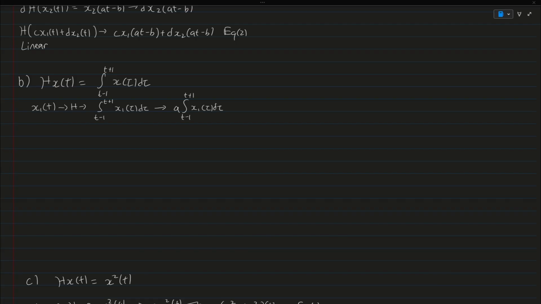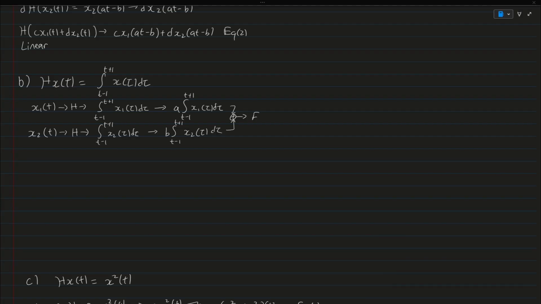Do the same thing for x2, and you get b times the integral from t minus 1 to t plus 1 of x2 of tau d tau. The sum of these two is going to be our equation 1.